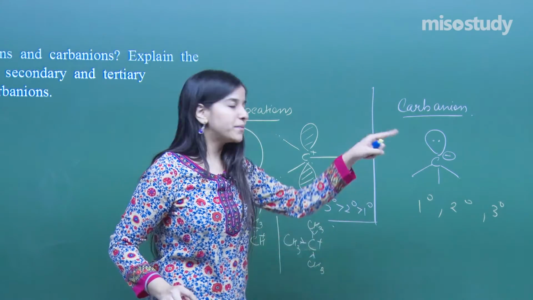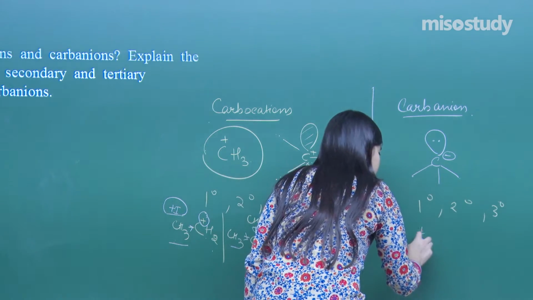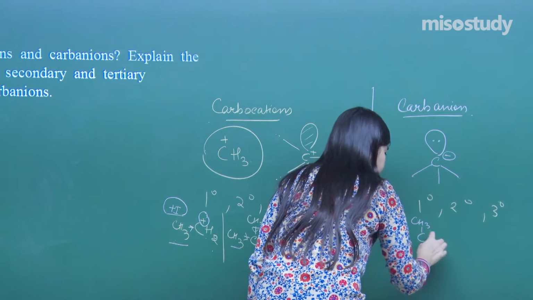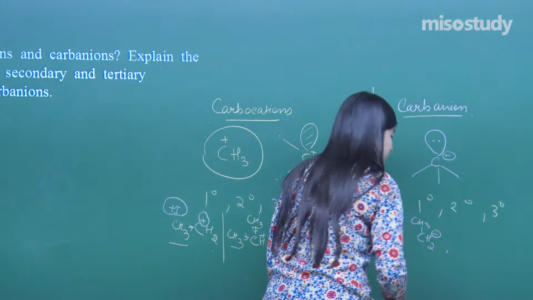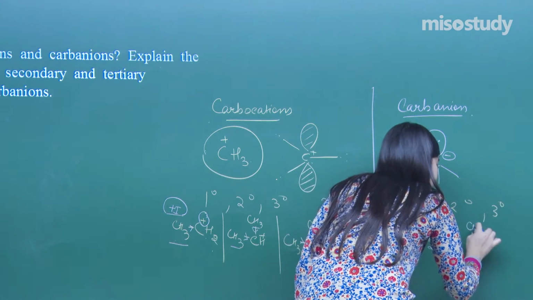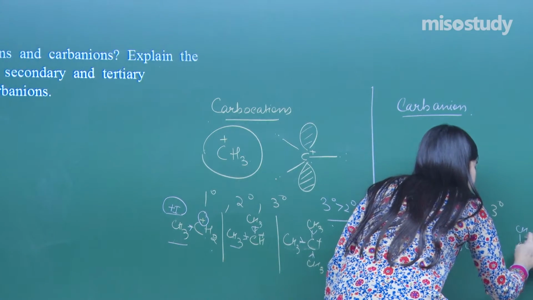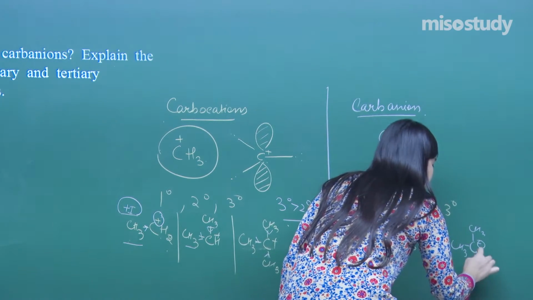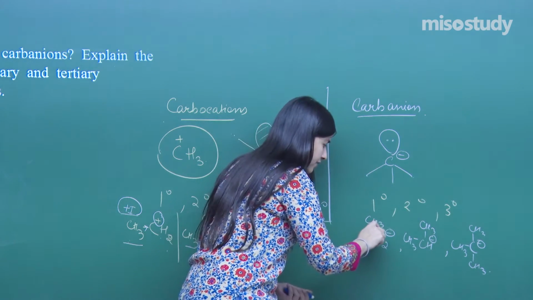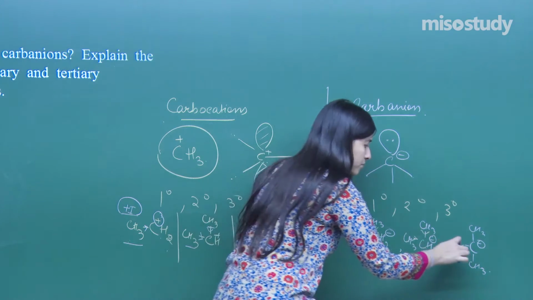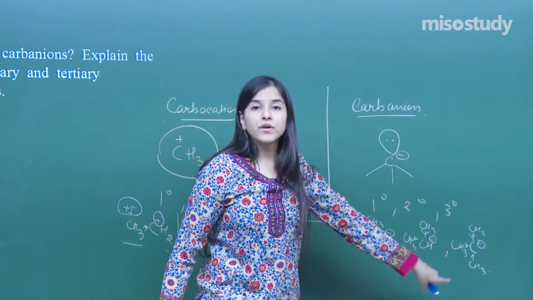And just the opposite will be the case for carbanions. Again, a carbon attached with 1 carbon, next, a carbon attached with 2 carbons, a carbon attached with 3 carbons. Now these are again donating groups, but these donating groups are doing the wrong work over here.